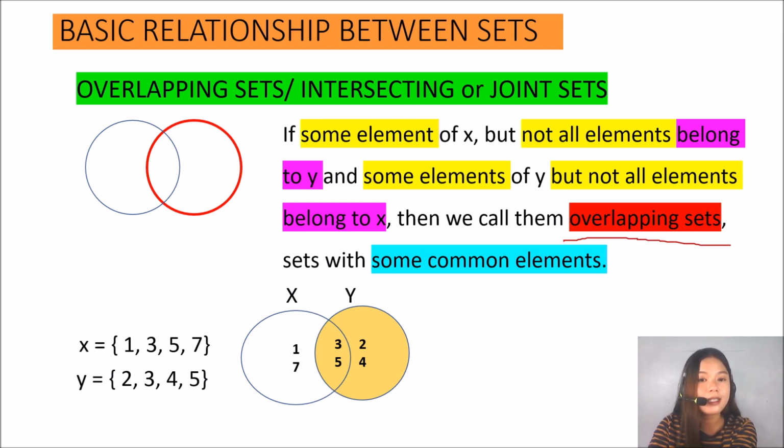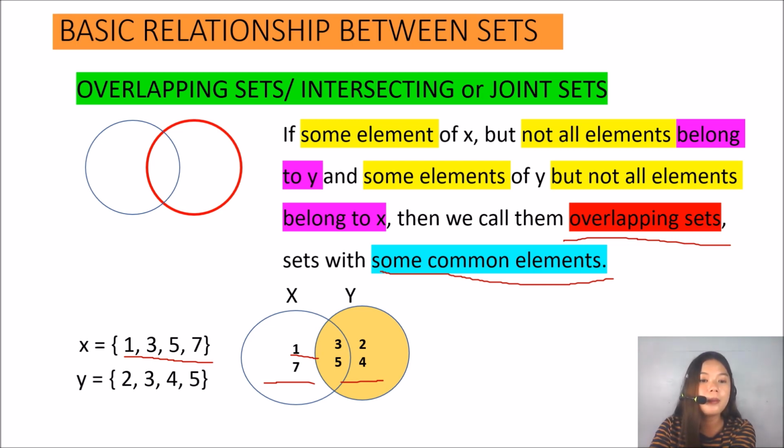Sets with some common elements. Okay? So, to understand more, meron po tayo ditong dalawang set, set X and set Y. So, ang element po ng set X natin ay 1, 3, 5, 7.